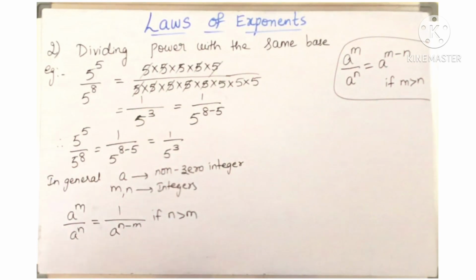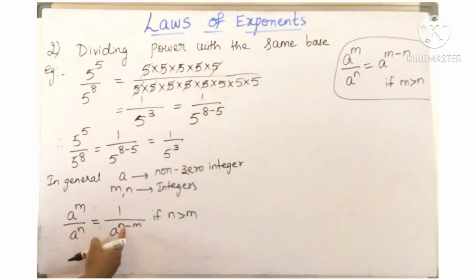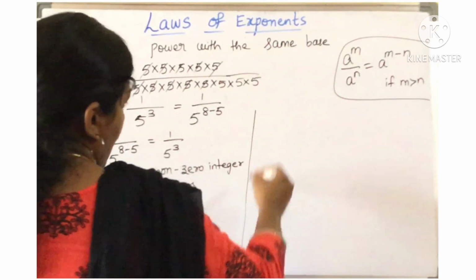If the denominator power is greater, then we have to use this formula, children. a to the power of m by a to the power of n equal to 1 by a to the power of n minus m, if n is greater than m.